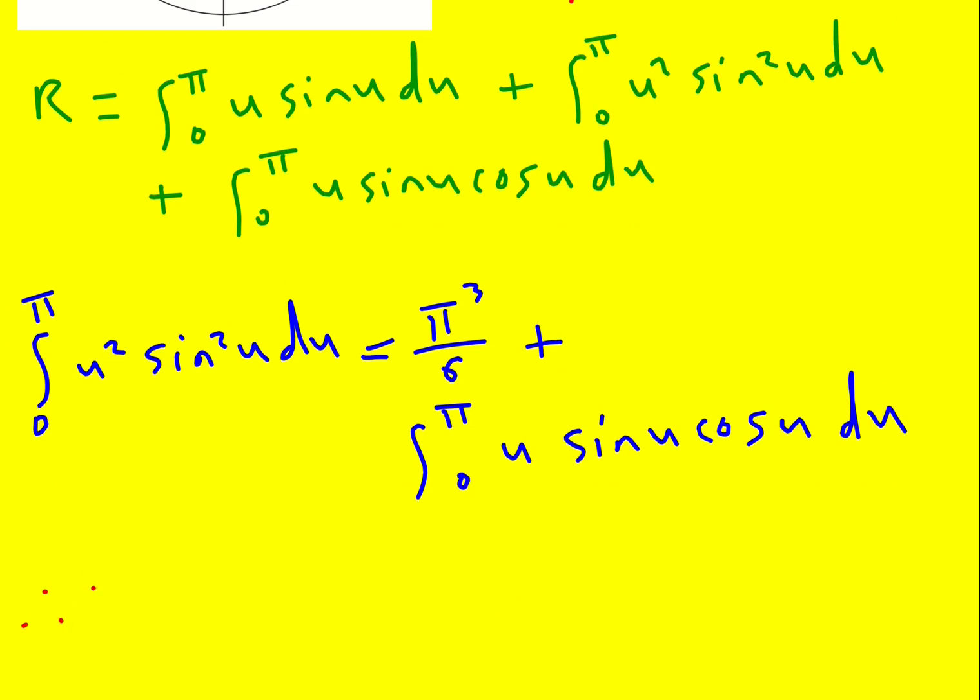So therefore, r is going to be the integral from 0 to pi of u sine u with respect to u.